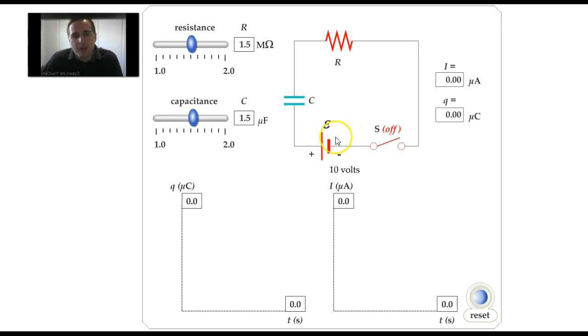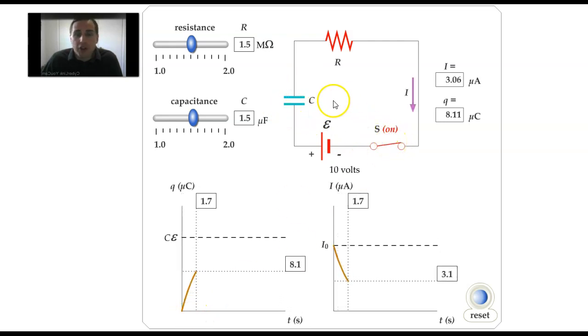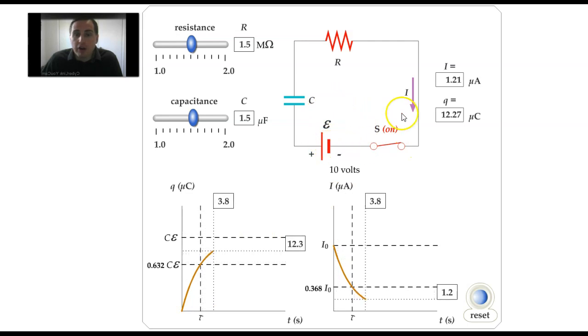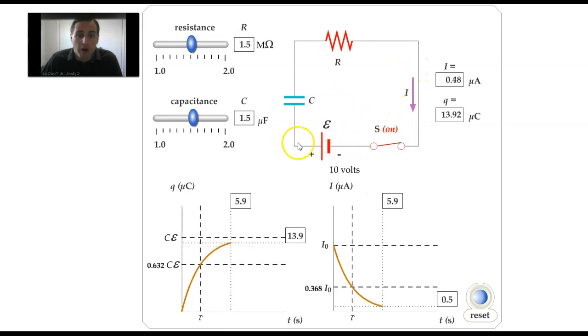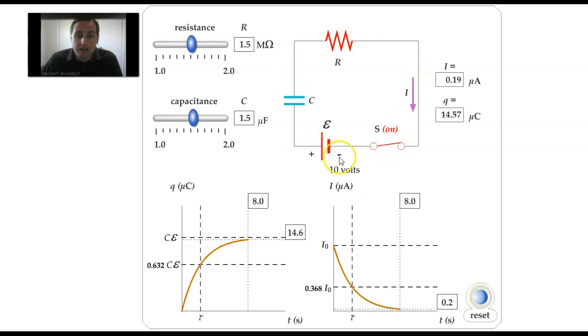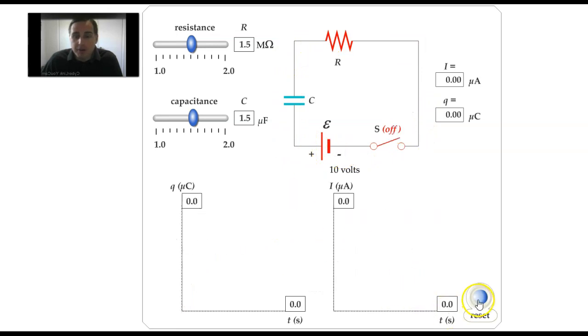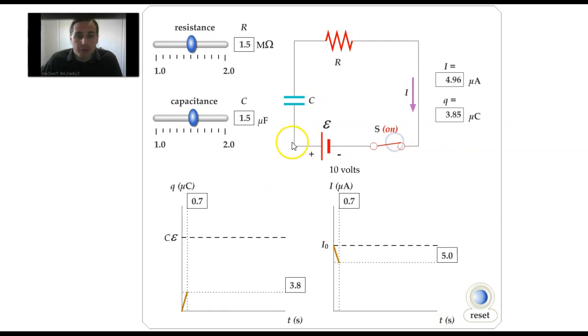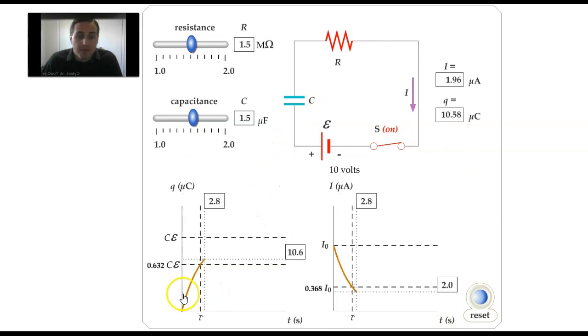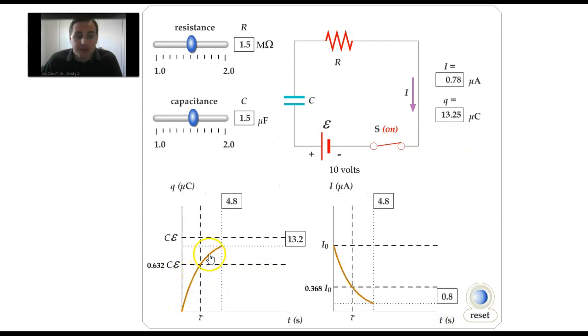Okay, so with that in mind, let's go ahead and close the switch. Notice that the current is now running. The conventional current is running clockwise in this case, from the positive terminal of the battery towards the negative terminal of the battery. Let me just go ahead and reset this. Notice also after we close the switch, the charge goes up very rapidly on the capacitor.